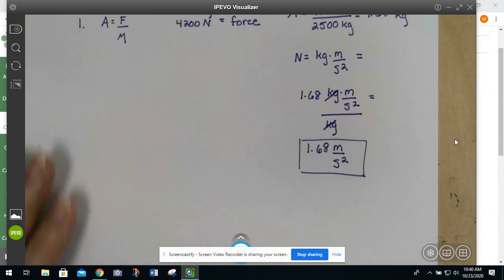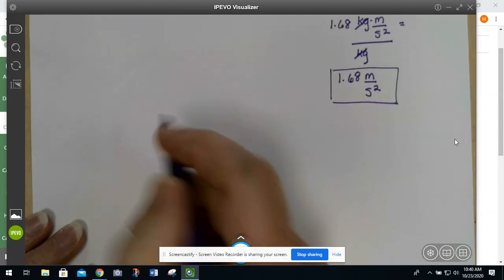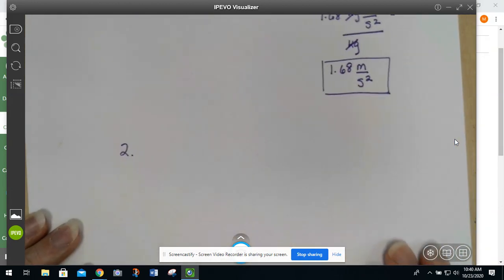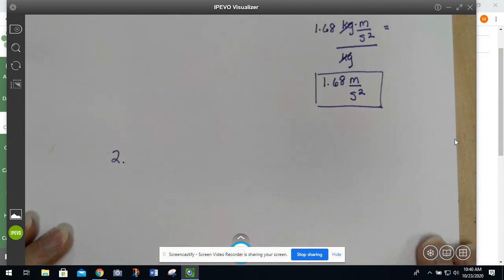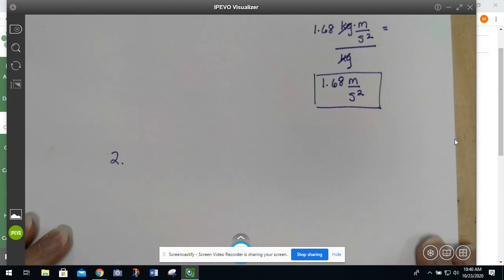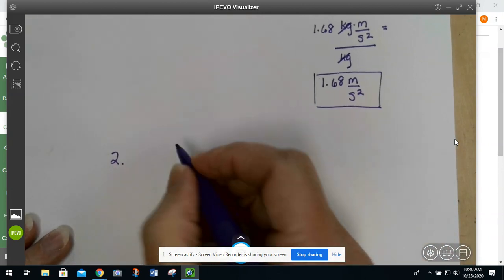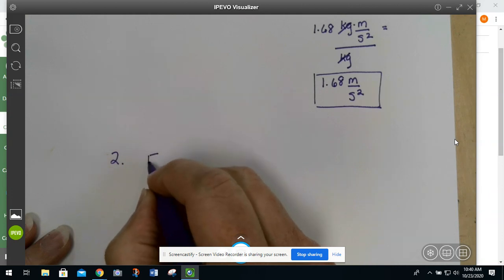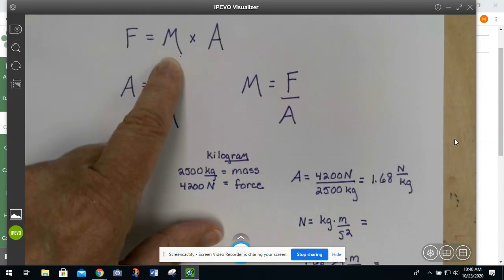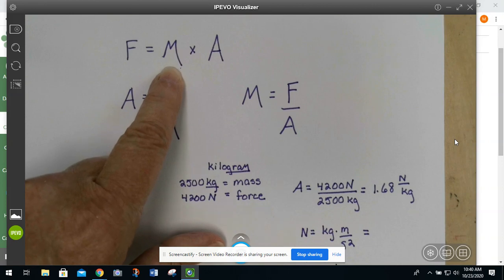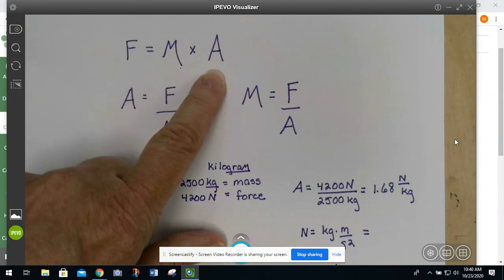Okay, so I'm going to do number 2 for you on this problem. Number 2 says how much force is needed to accelerate a 64 kilogram skier at a rate of 1.2 meters per second squared. So it's asking me to solve for force. How much force? So I'm just going to go back up here. I need this equation. Force is mass times acceleration.